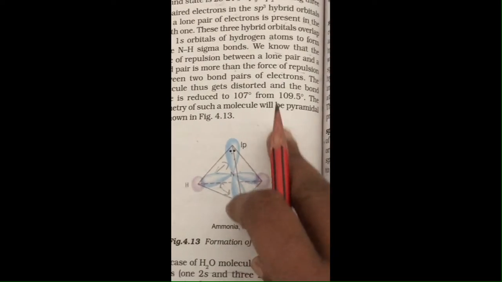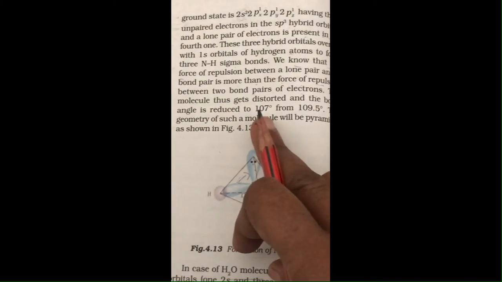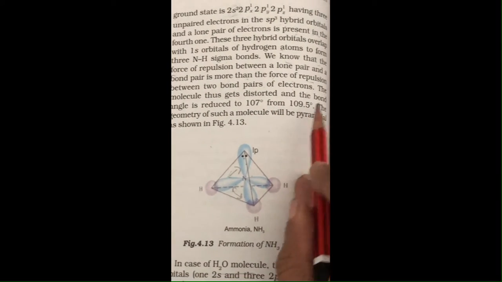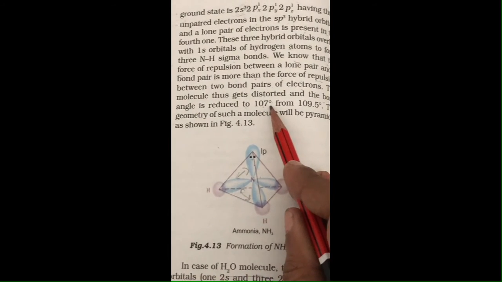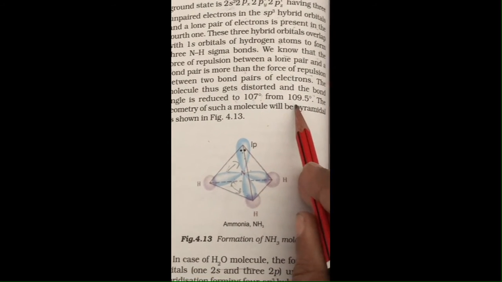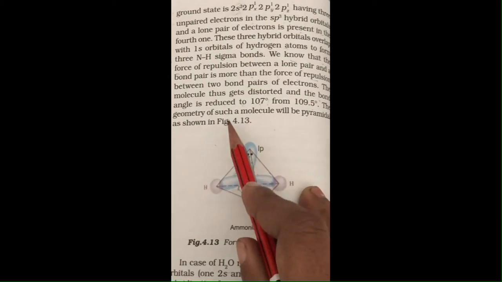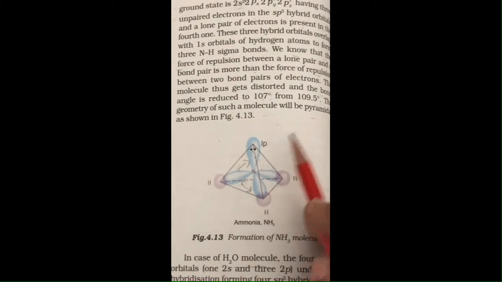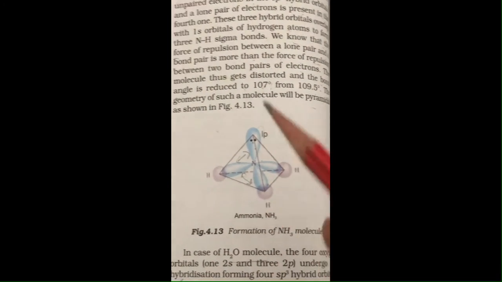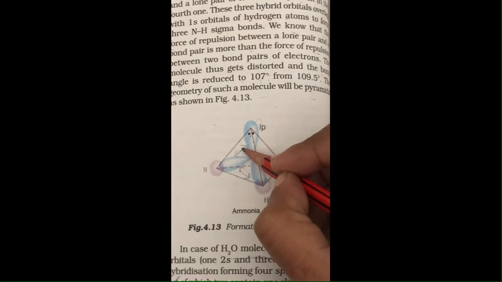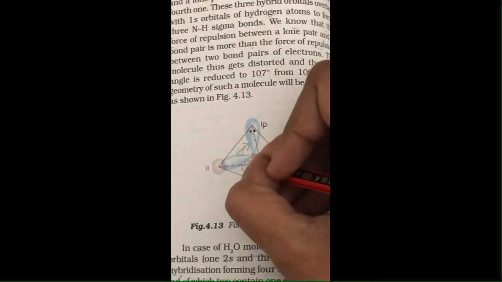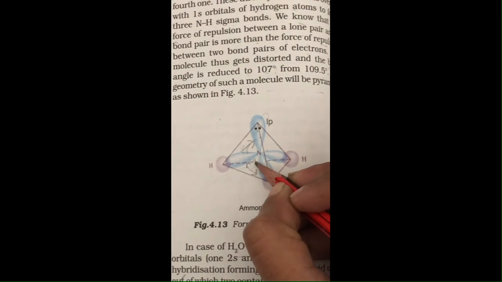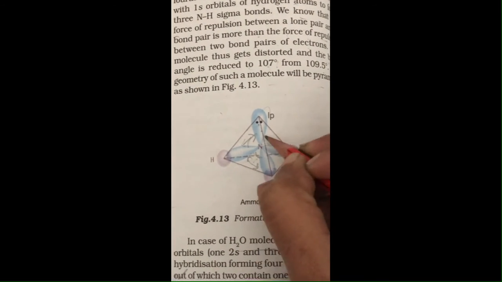Clear? So the molecule gets distorted and the bond angle is reduced to 107 degree from 109.5 degree. So the geometry of such a molecule will be pyramidal. Clear? Because of this repulsion, the bond angle is going to decrease from 109.5 to 107 degree.